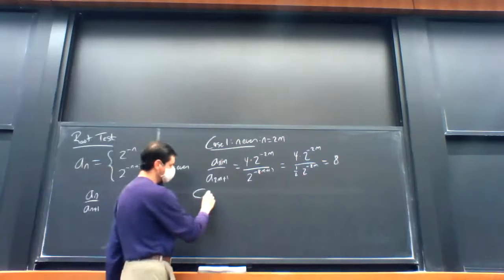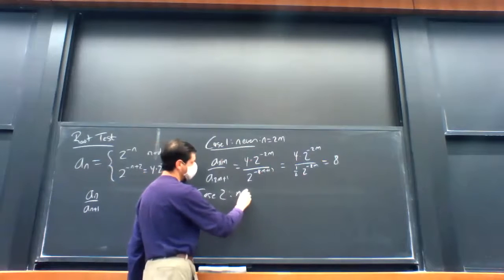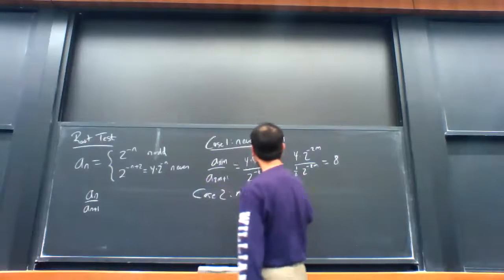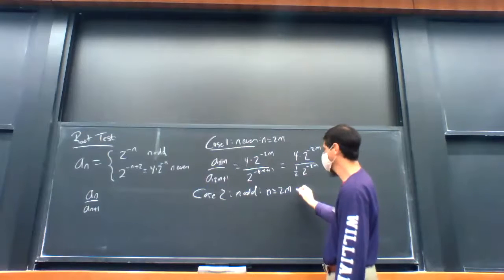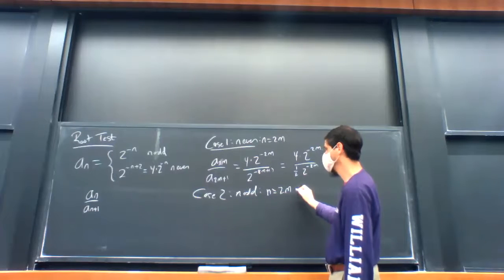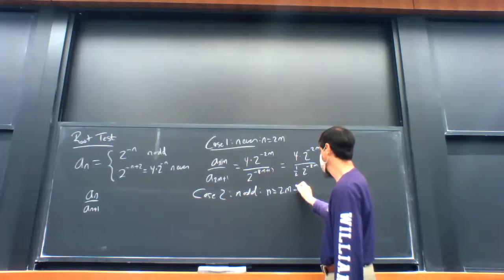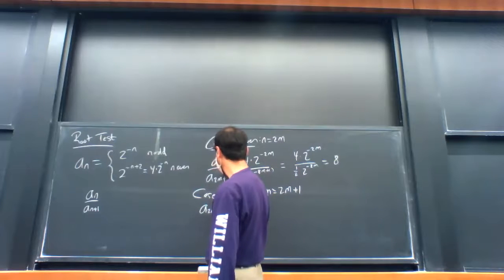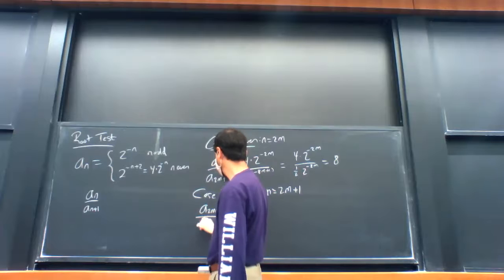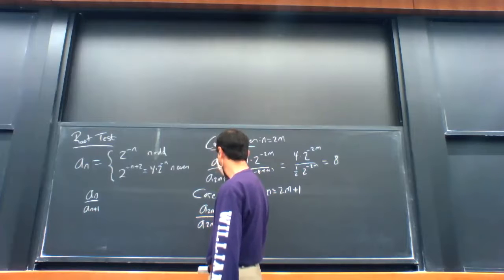Let's look at case 2. n is odd. So let's write n as 2m plus 1. We would have a_(2m+1) over a_(2m+2).